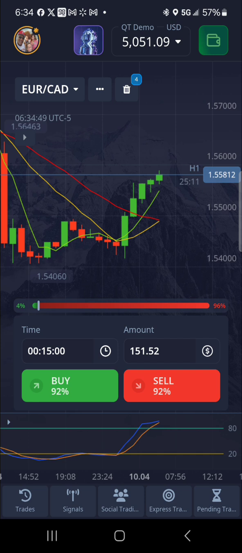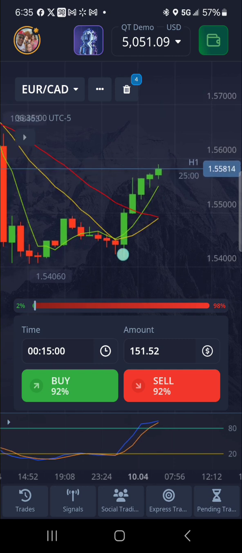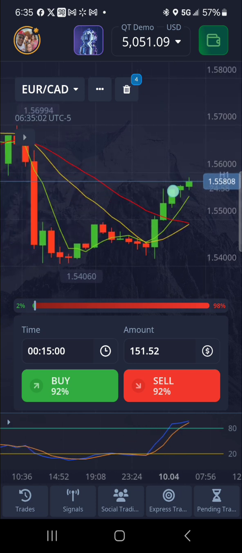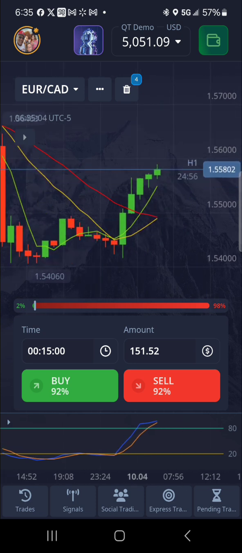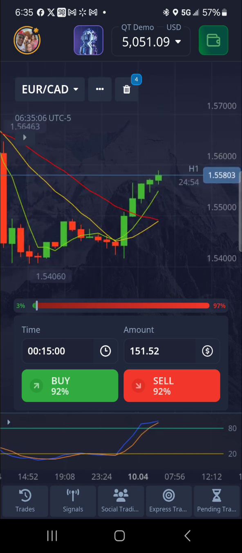And it looks like it's been going up pretty consistently. If you see the little green line, like this one right here, it shows that it's going up as an uptrend as well.